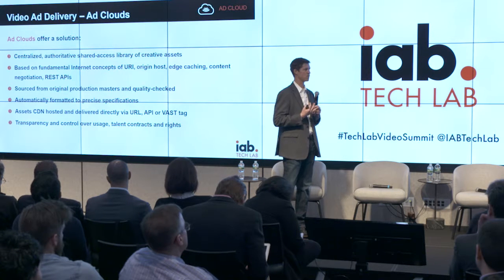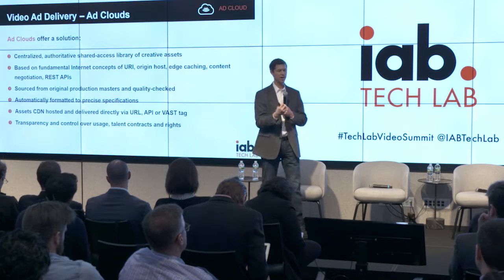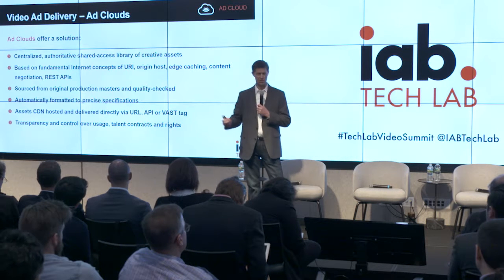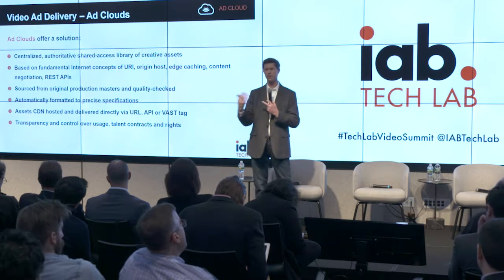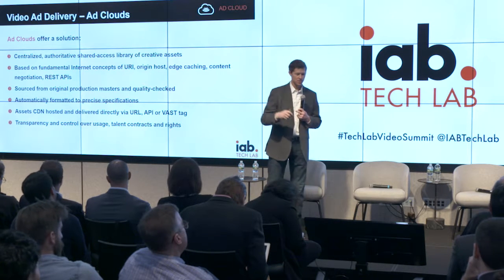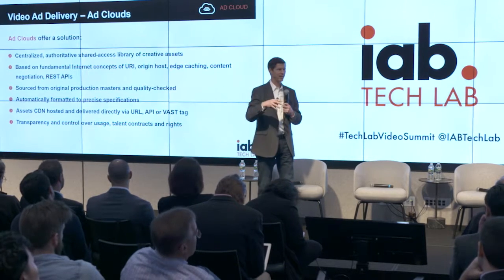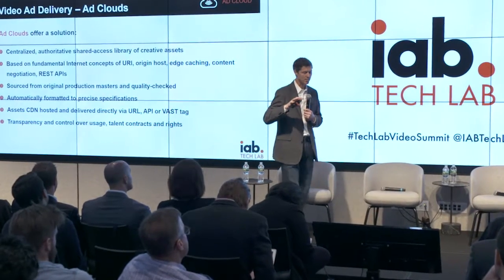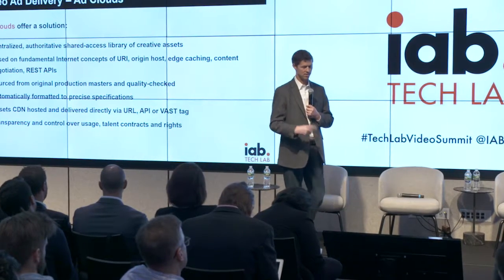A URI, Uniform Resource Identifiers, an origin host, the origin of where a piece of content exists, edge caching so that it can be optimized for play out in a specific location or environment, content negotiation, making sure that the right format is available to the right consumer, and then things like REST APIs for accessing data. So these are fundamental things about how the internet works. And ironically, internet advertising is not leveraging some of them when it comes to dealing with content. So I think by using some of these concepts and applying the ad cloud method, we can help address some of the issues.